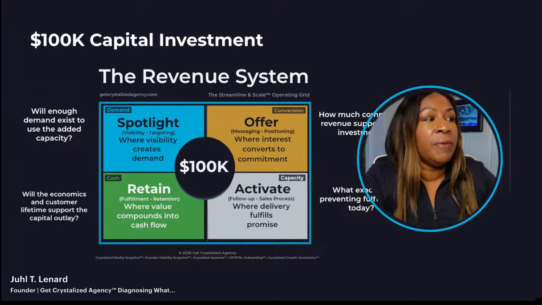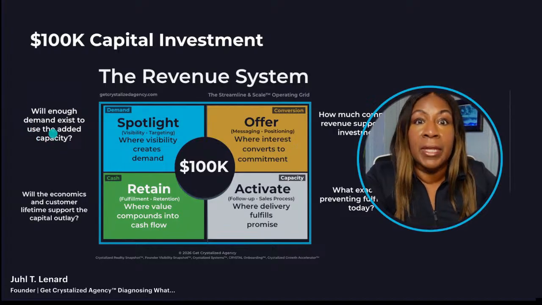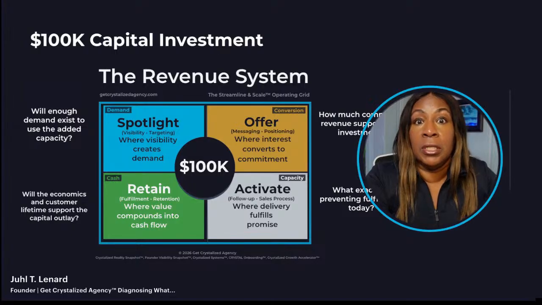So if we look at the revenue system, one of the questions we want to answer in this case is, will enough demand exist to use the added capacity? In other words, okay, this is great. I got a new client and they're committed to X amount of volume, but if something happens, how will we get that additional demand? It's a question.